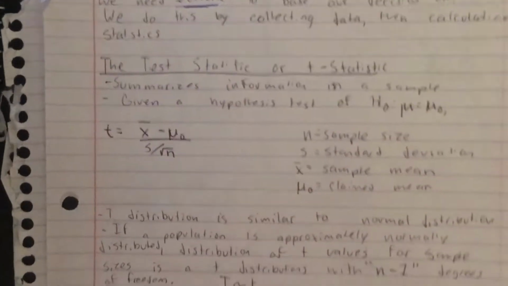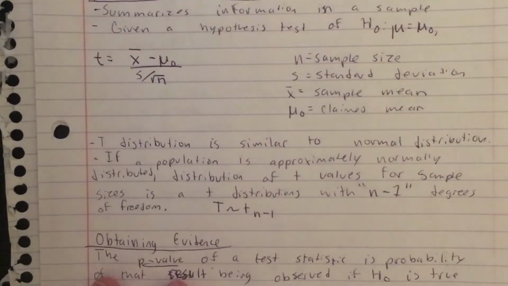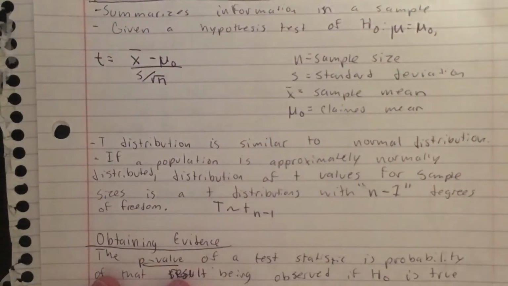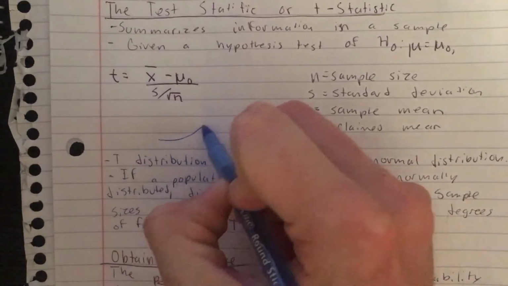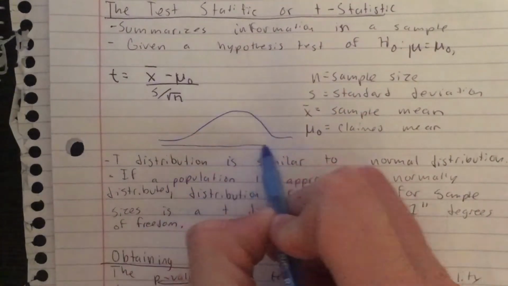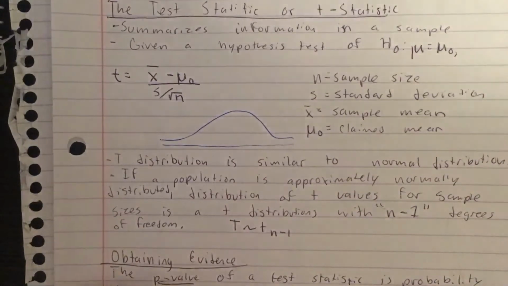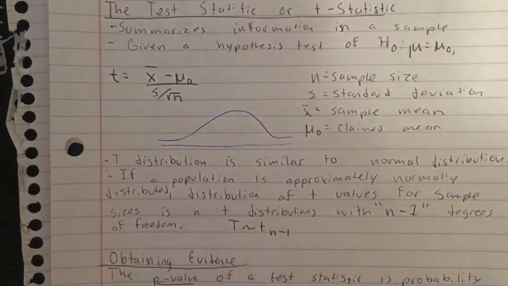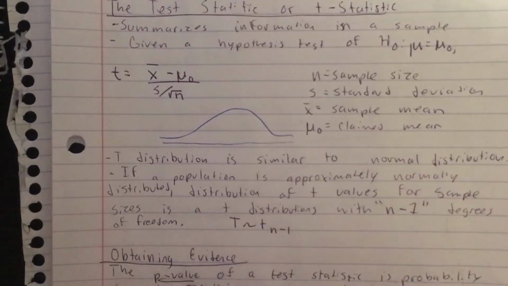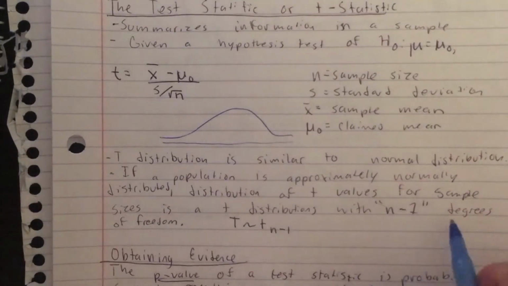A T distribution is very, very similar in shape and pattern to the normal distribution that we talked about earlier. That's just the normal curve that looks like this. They do vary a little bit, but in general, the shape is around the same. All that we need to know for this class is that if a population is approximately normally distributed, the distribution of the t-values for the sample size is going to be distributed with n-1 degrees of freedom.